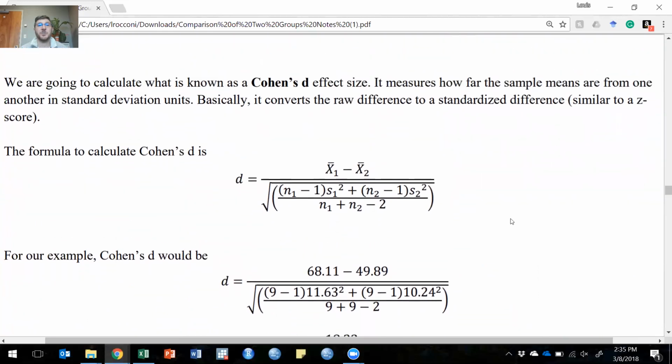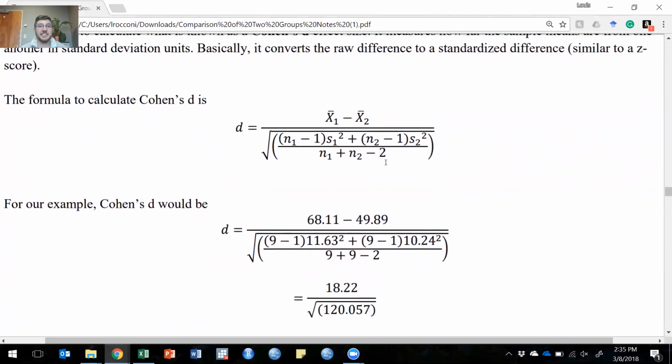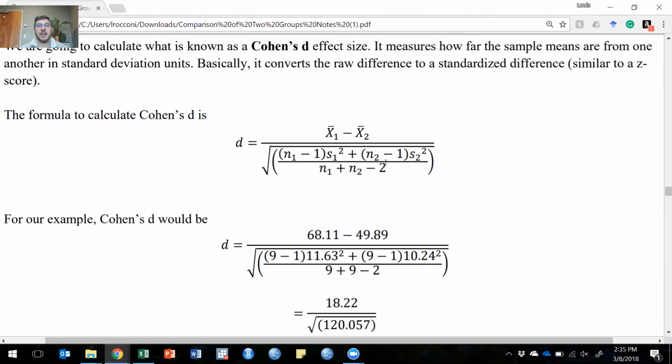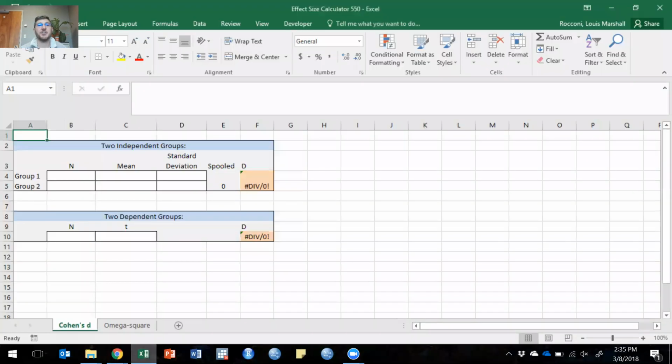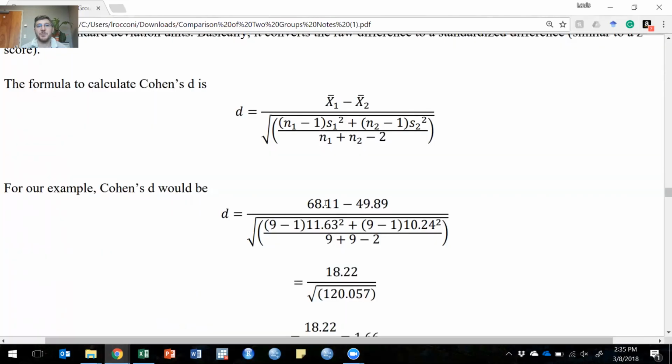You can see that the formula is kind of tedious, so that's why I created this Excel spreadsheet for you to use. You can just type in, there were 9 in each group.